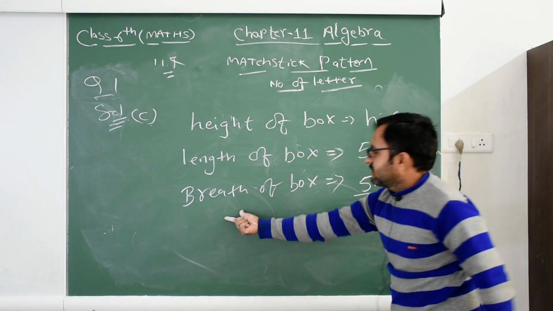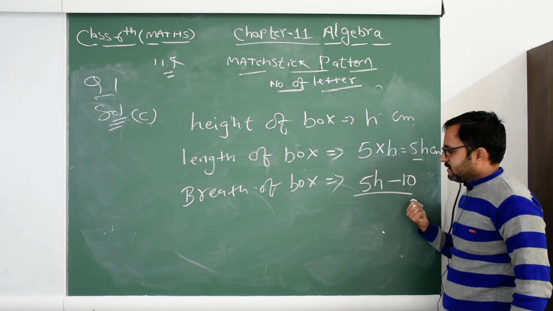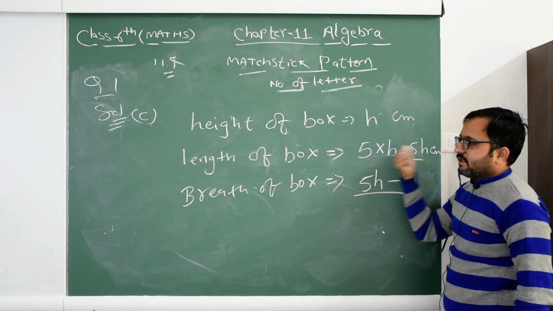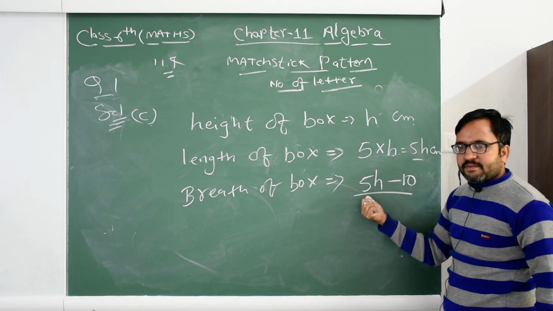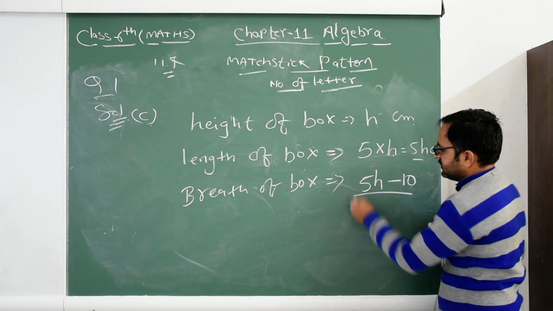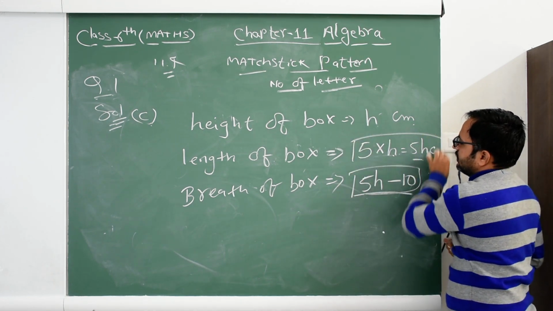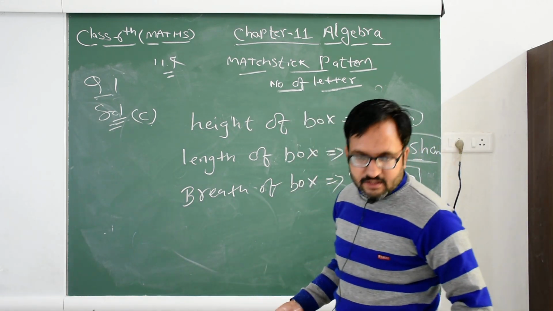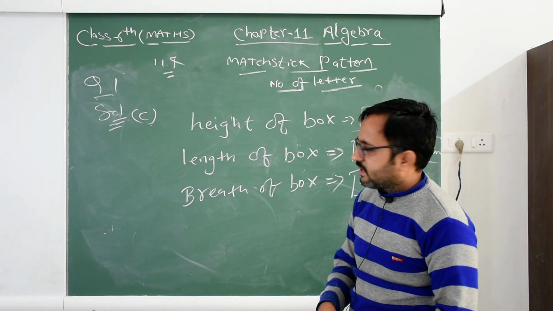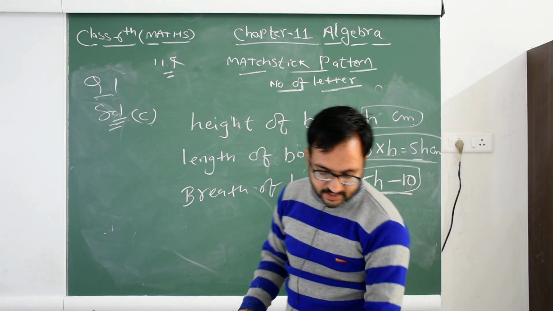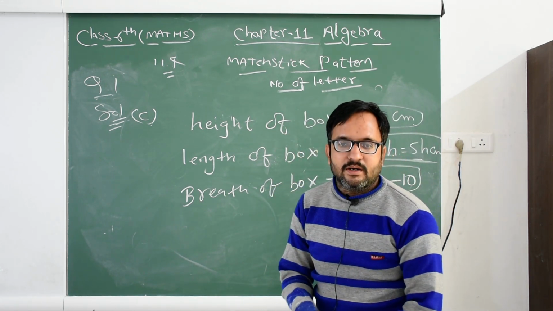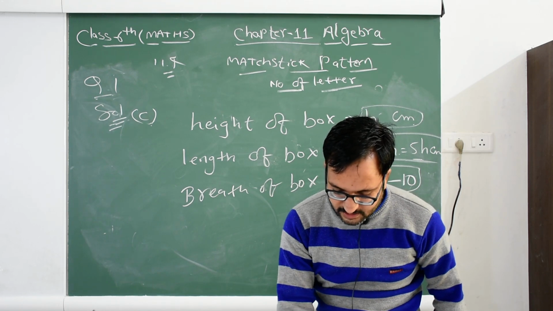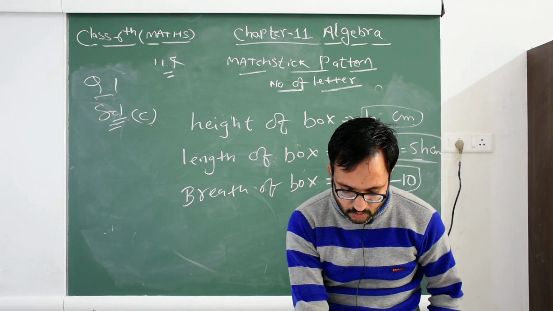So the breadth is 10 centimeters less than your length, which is 5h minus 10. So these are your expressions. The remaining questions are for your homework. I already solved the ABC portion.